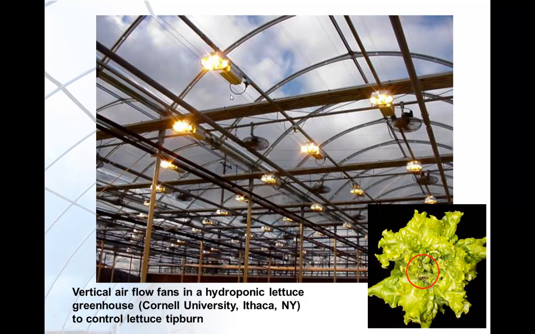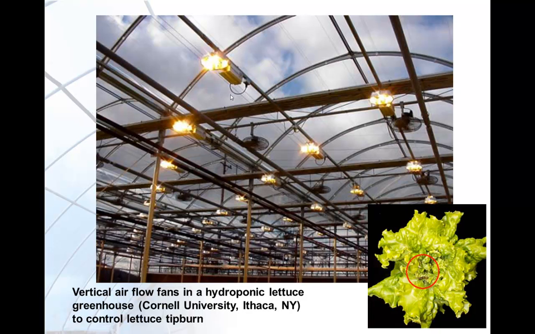In lettuce production, growers want to enhance the growth, but the dilemma is that when plants are exhibiting very fast growth, tip burn typically occurs. So the incidence of tip burn is associated with plant growth rate.